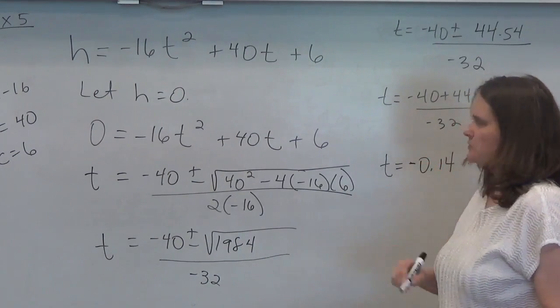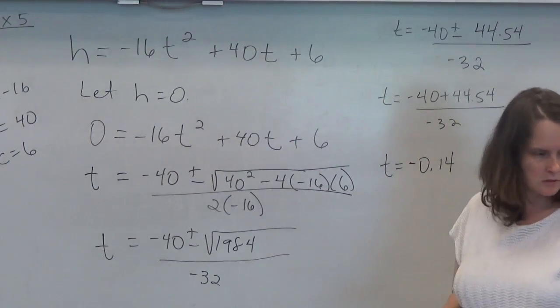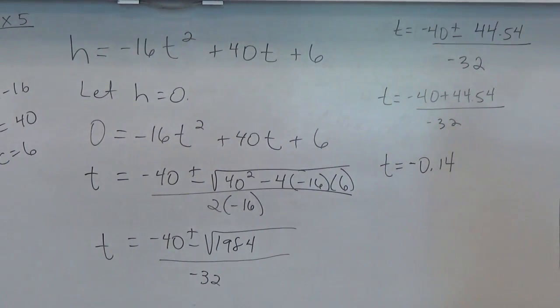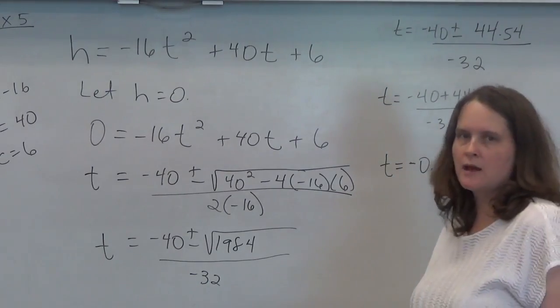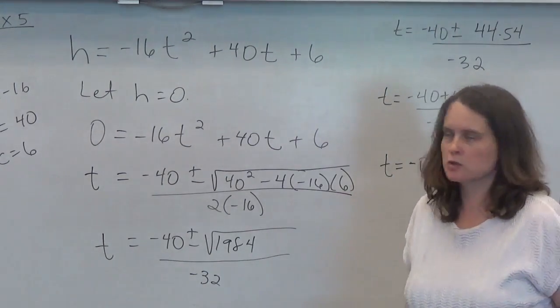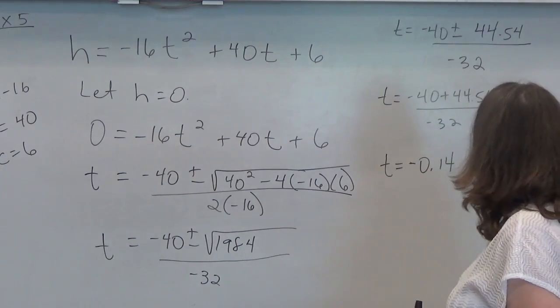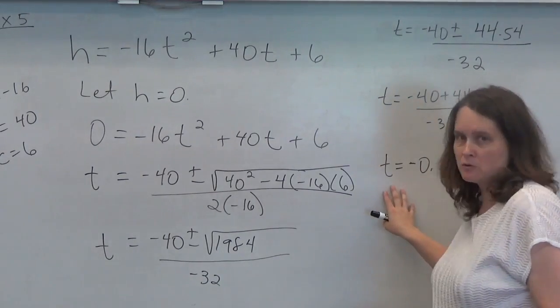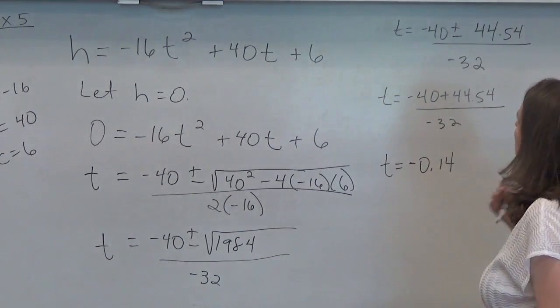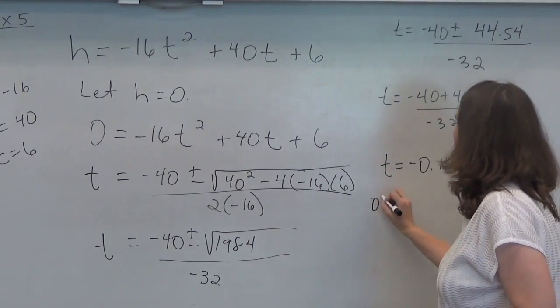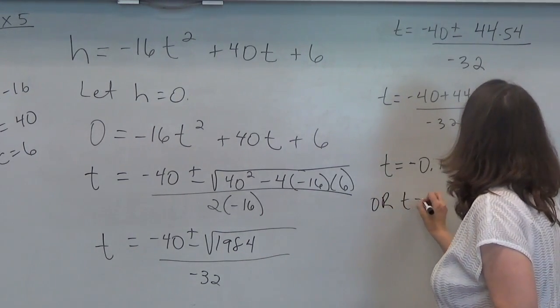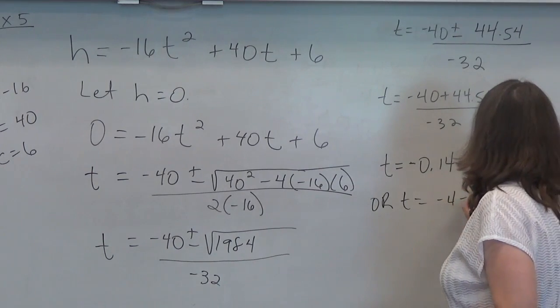I don't remember if they were specific about how I needed to round. Let's take a look real quick. No, we weren't told how to round this, I don't think. At least not in your notes, you weren't. This is the first possible answer that we're getting. The second one we'll get if we do t equals negative 40 minus 40.